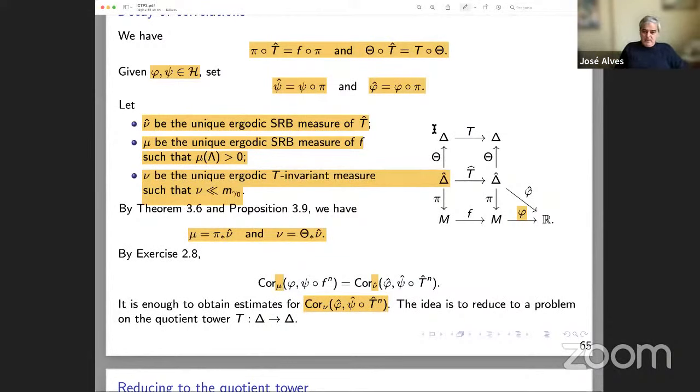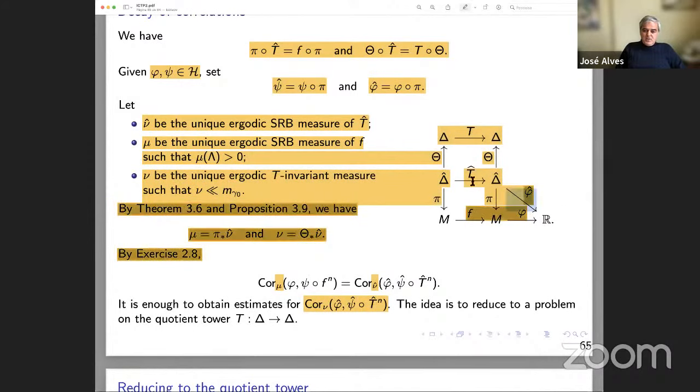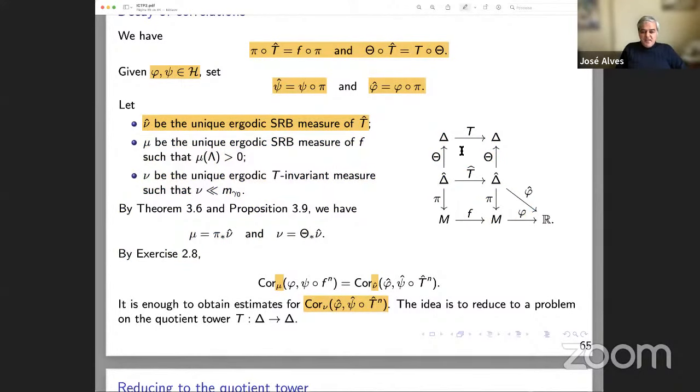The problem, look at this picture, there's a big mess here. The problem is that this semi-conjugacy here goes from the tower hat to the tower without hat, so it goes in the wrong direction. This means that we could deduce the decay of correlations of T hat knowing that of T only in the other direction.